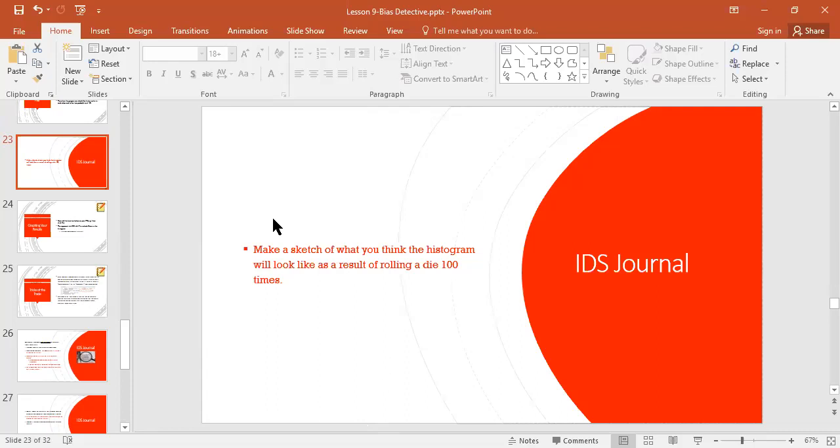It doesn't have to be perfect or beautiful. Nobody is giving you an art scholarship here. It can just be a quick sketch. I'm going to annotate here.